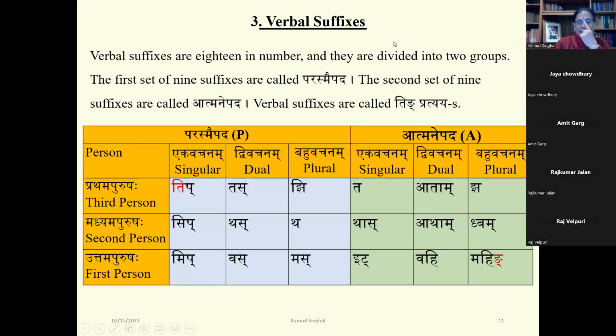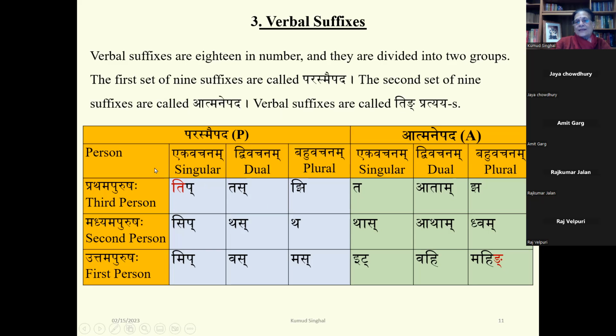Then verbal suffixes. So the third bullet was the verbal suffixes. Verbal suffixes are 18 in number. They are divided into two groups. The first set of 9 suffixes are called parasmaipada, and the second set of 9 suffixes are called atmanepada. The verbal suffixes are called ting pratyayas because the first verbal suffix starts with ti and ends with ng.